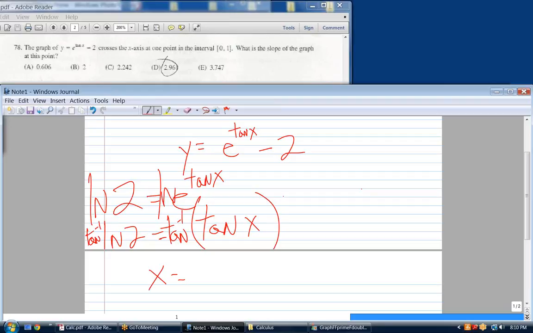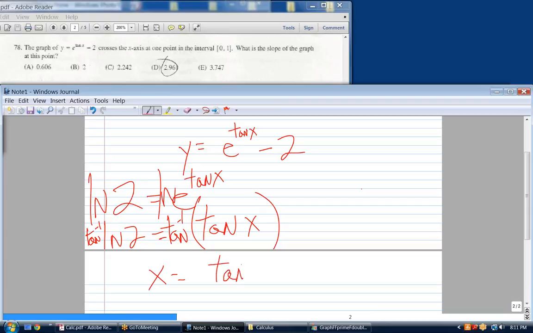The inverse tan of tan x is just x. So the answer is the inverse tan of natural log 2. Do you have your calculator in front of you? I do. That equals 0.606.